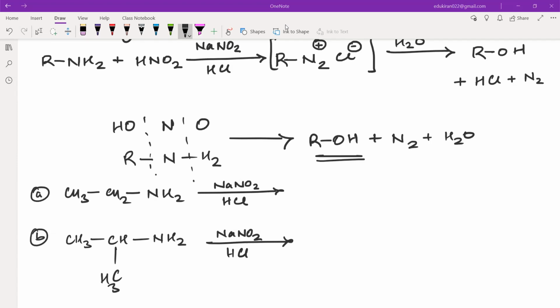Sir, primary. Very good. Primary amine only, because nitrogen is connected to only one carbon atom. So I hope you guys can make the alcohols. Yes, sir. Done. Can you write the names? Can somebody write the name in chat?